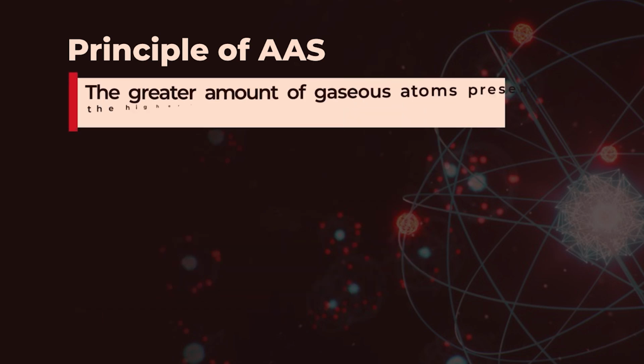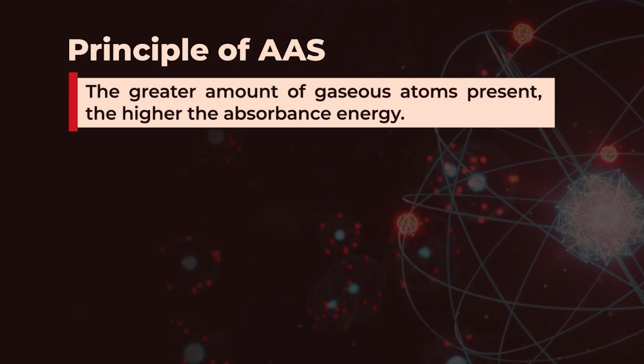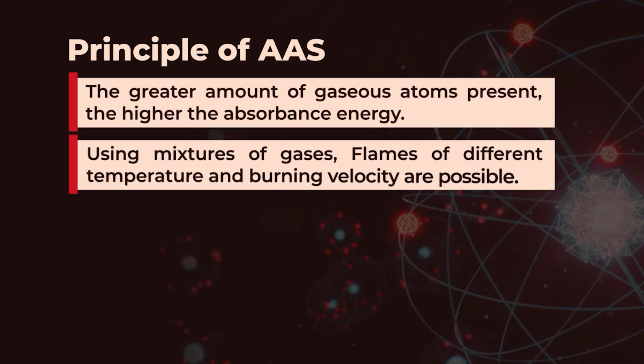The greater the amount of gaseous atoms present in the flame, the better would be the sensitivity of the equipment, the better would be the factor for going as low as possible. Because the more gaseous atoms, the more energy absorbed, and the better will be the signal. So, using a mixture of gases, we can change the temperature.